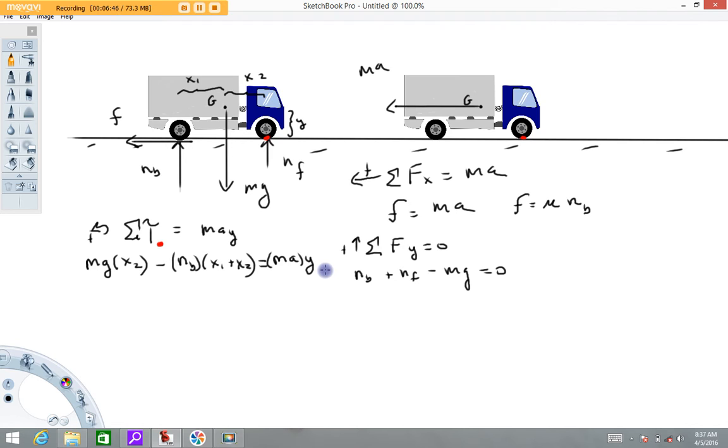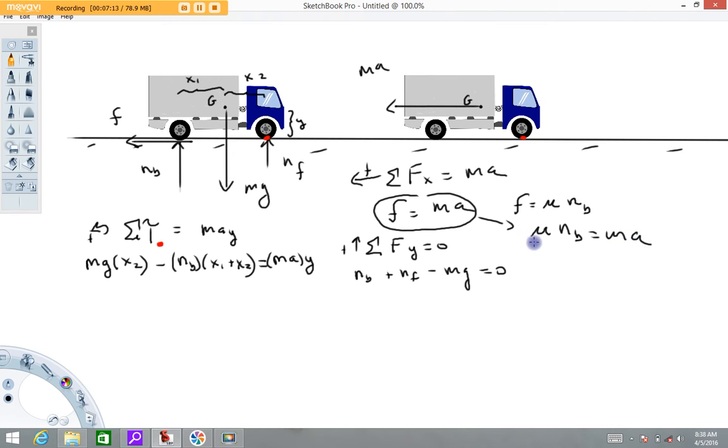The next step would be to solve this system of equations. If we glance it over, it's got three unknowns: front normal, back normal, and the acceleration of the system. But we have three equations to solve it, 1, 2, 3, because this equation right here, I can rewrite easily enough: coefficient of friction times the back normal equals ma.